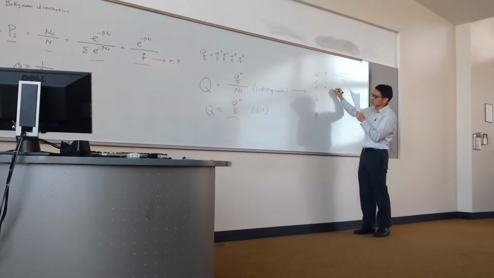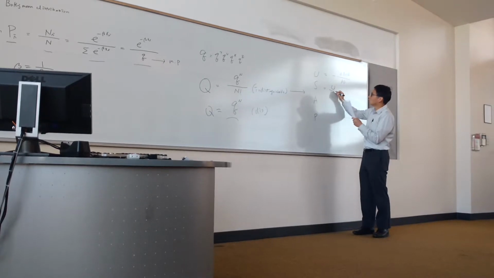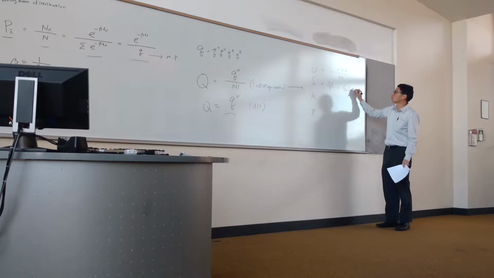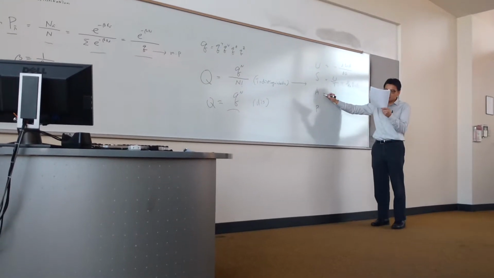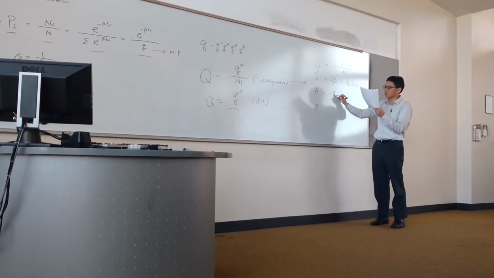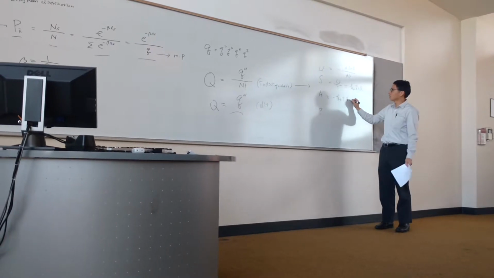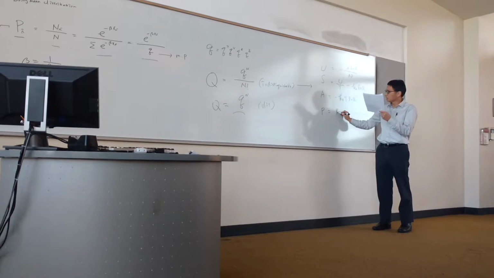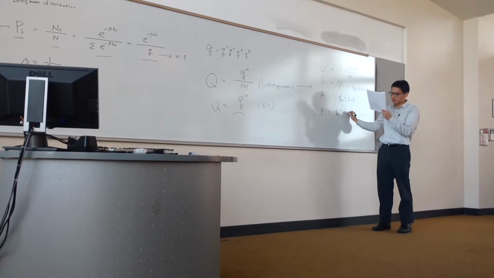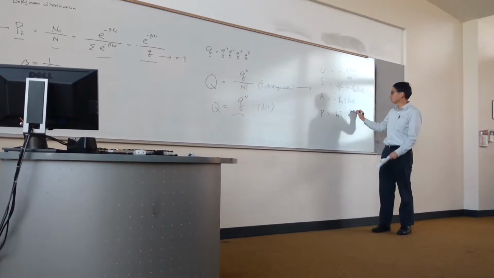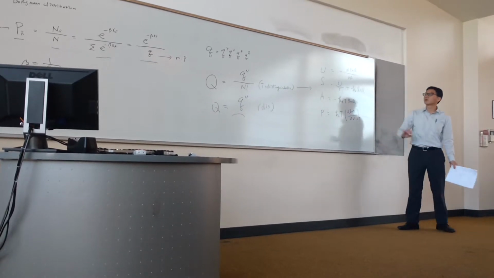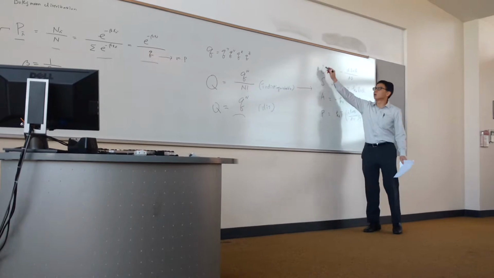S is equal to U over T plus kB times natural log Q. And A is equal to negative kBT natural log Q. And P is kBT partial natural log Q partial V at constant T. So you need to know this.